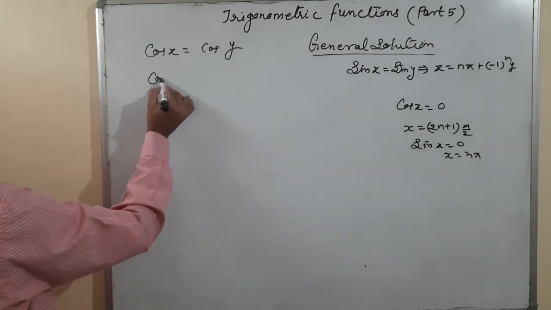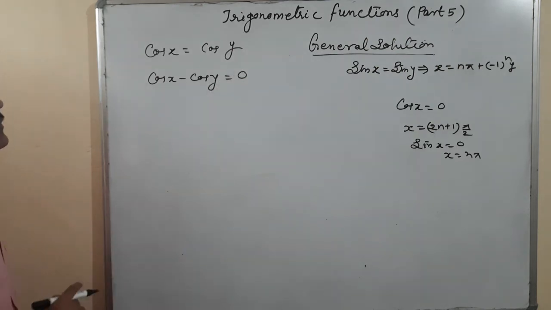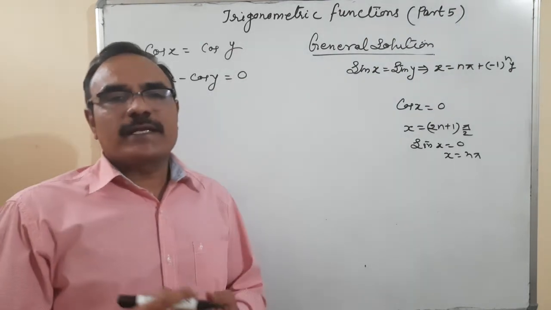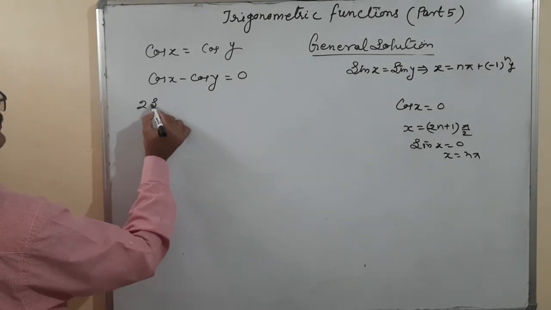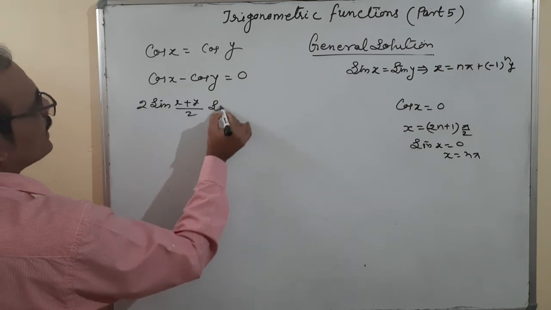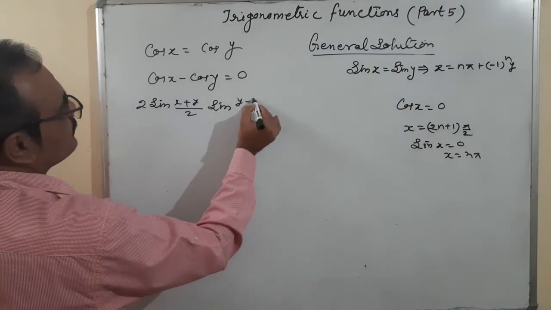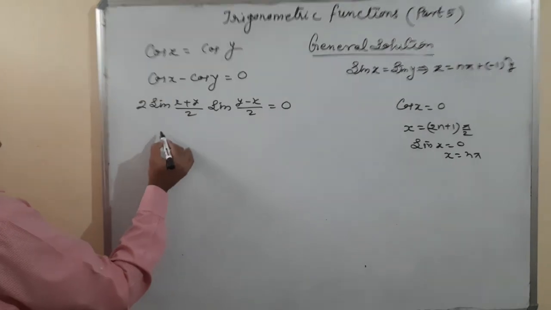Shifting here, cos x minus cos y is equal to 0. Formula for cos c minus cos d, it's a very special formula: 2 sin (c plus d)/2 into sin (d minus c)/2 is equal to 0. And what is the meaning?